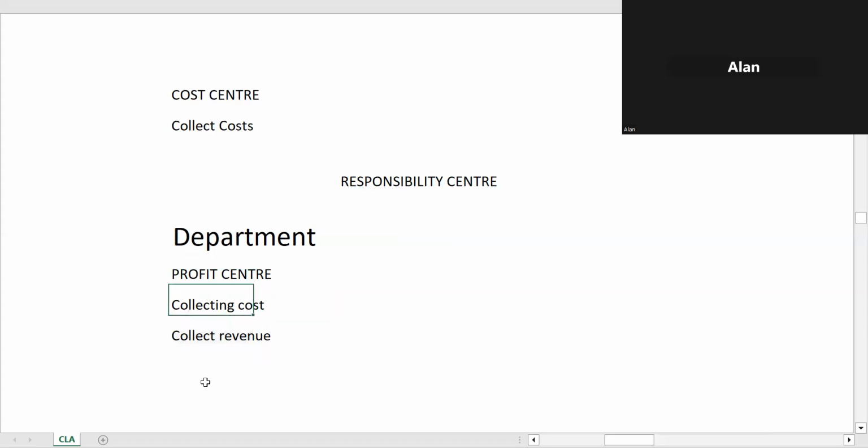That means if you have cost and revenue, you can determine its profit also. It is a small independent part of the organization which functions independently. That is called a profit center. A profit center will also be collecting cost, and a cost center will also be collecting cost, but a cost center will not be collecting revenue because it will not be selling independently.